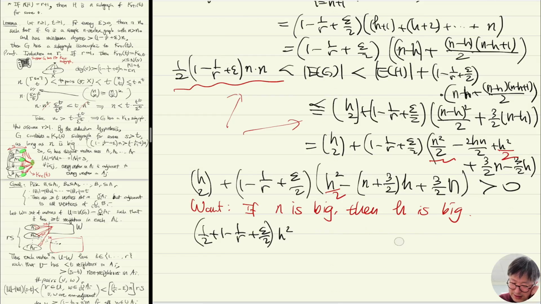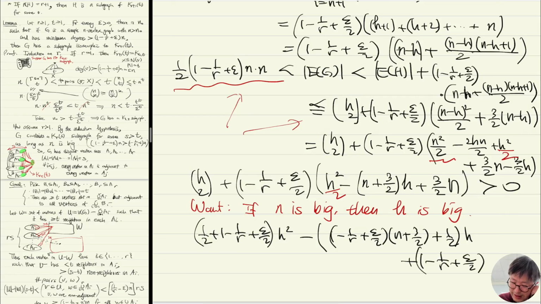Oh, I see. Minus 1 minus 1 over r plus epsilon over 2 times n plus 3 over 2, plus half h, plus 1 minus 1 over r plus epsilon over 2. Do we really have to do this?